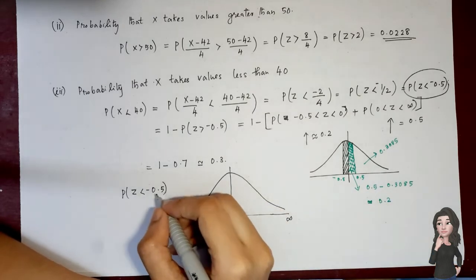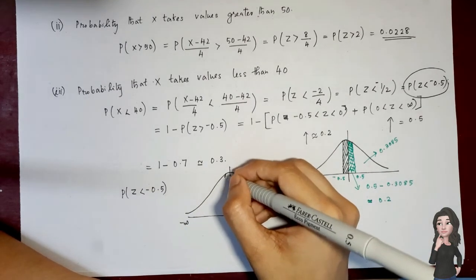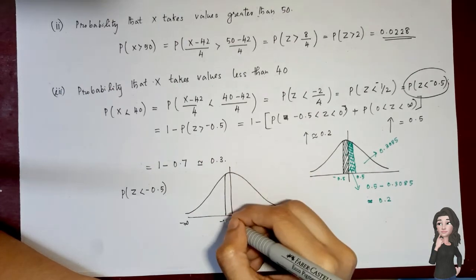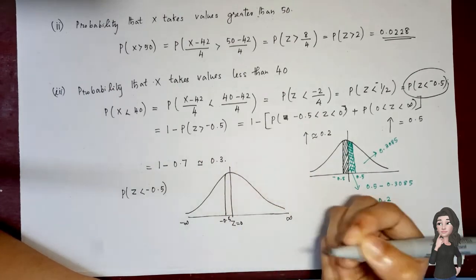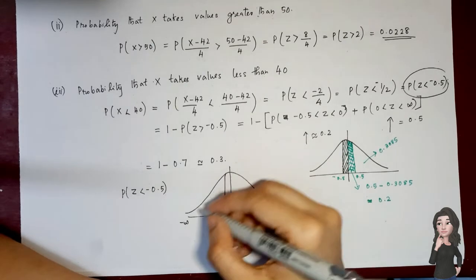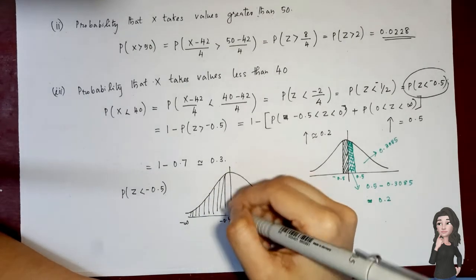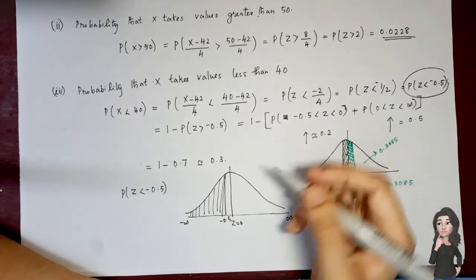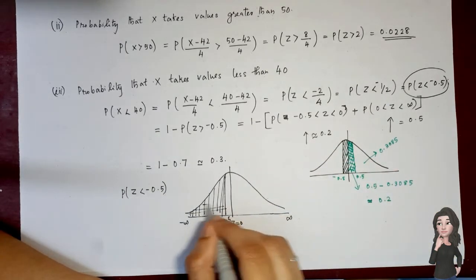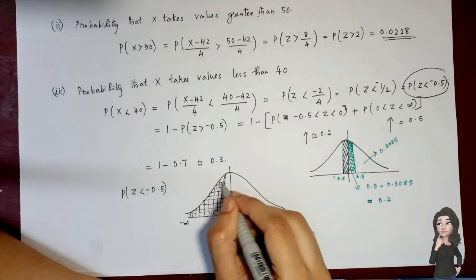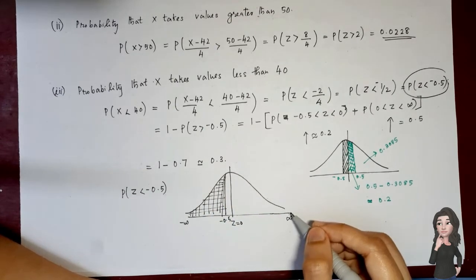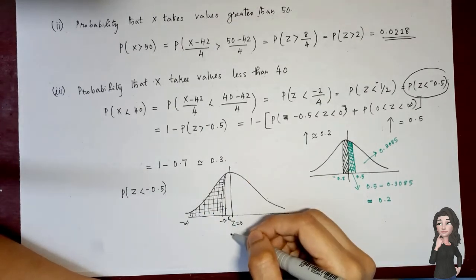So z less than minus 0.5, I suppose this is minus 0.5. So z less than minus 0.5 means it is this area. And this curve is symmetric about z equal to 0.